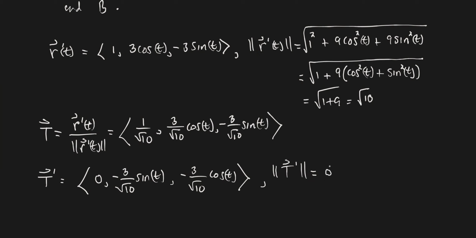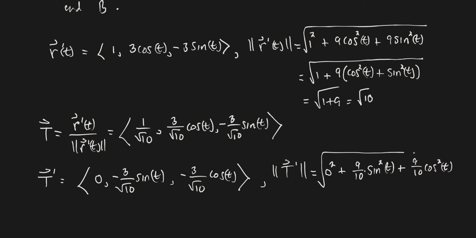So we'll have 0 squared plus, now when I square negative 3 over root 10, I'm going to get positive 9 over 10. And then I have to square the other factor, sine squared. So I have that plus, and then the same thing here. When I square this, I'll get 9 over 10 cosine squared of t.